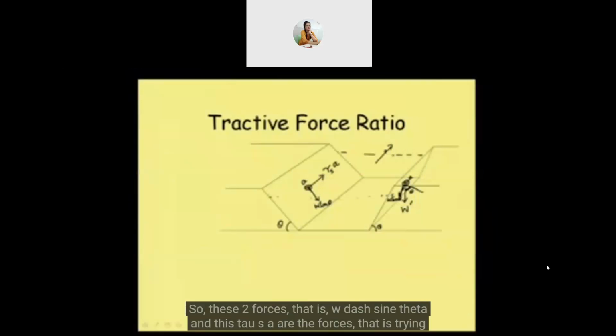These two forces, W dash sine theta and tau s A, are the forces trying to disturb the particle from its position. And what is the resultant of that? We can draw the resultant just by completing the parallelogram and joining this.